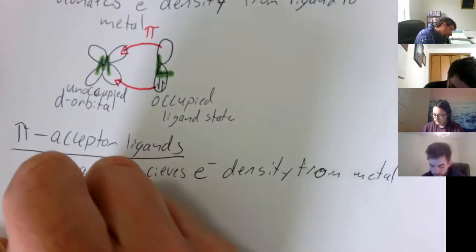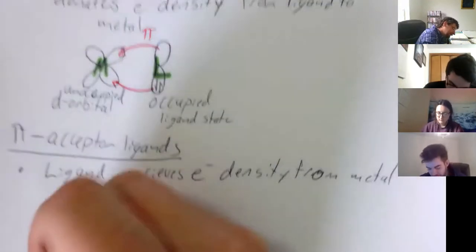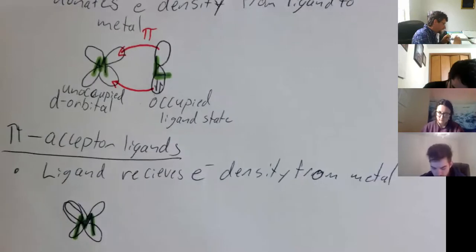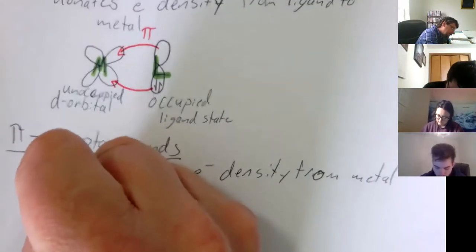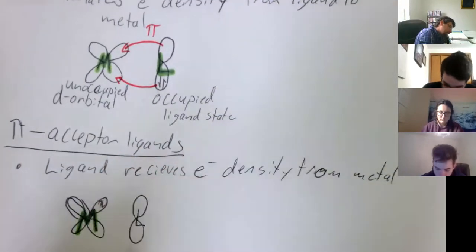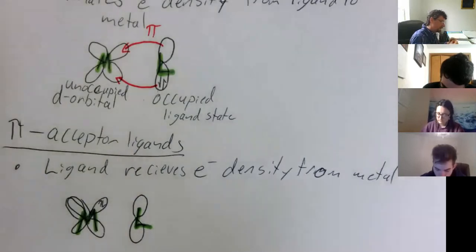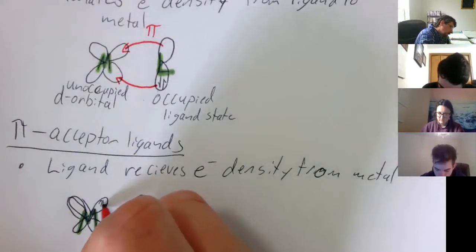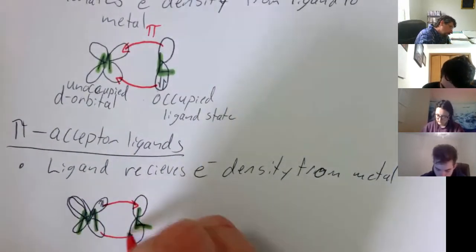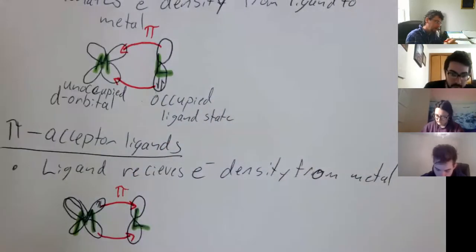That's a terrible d orbital, I'm ashamed. It's occupied. We have an unoccupied ligand. And just like Tara said, it flows the opposite way. This is still a pi type interaction.